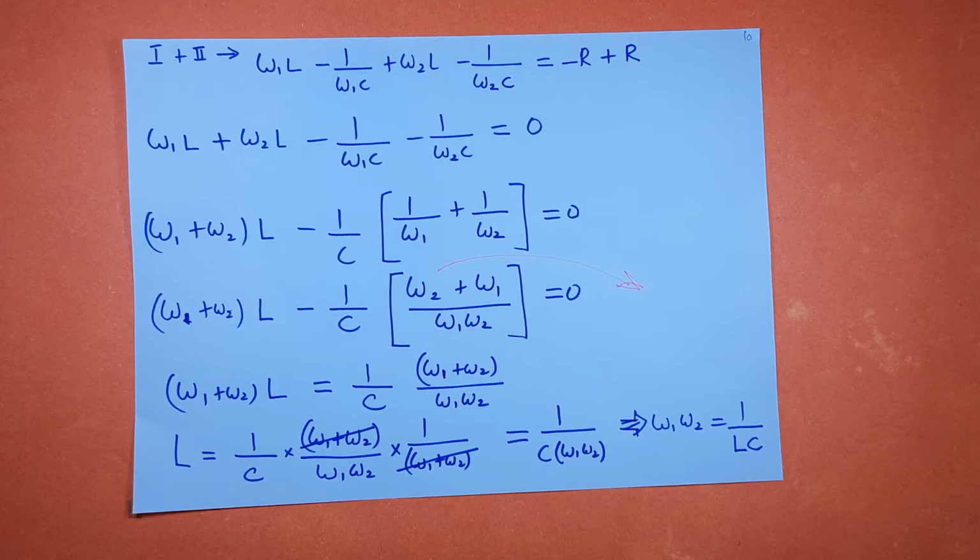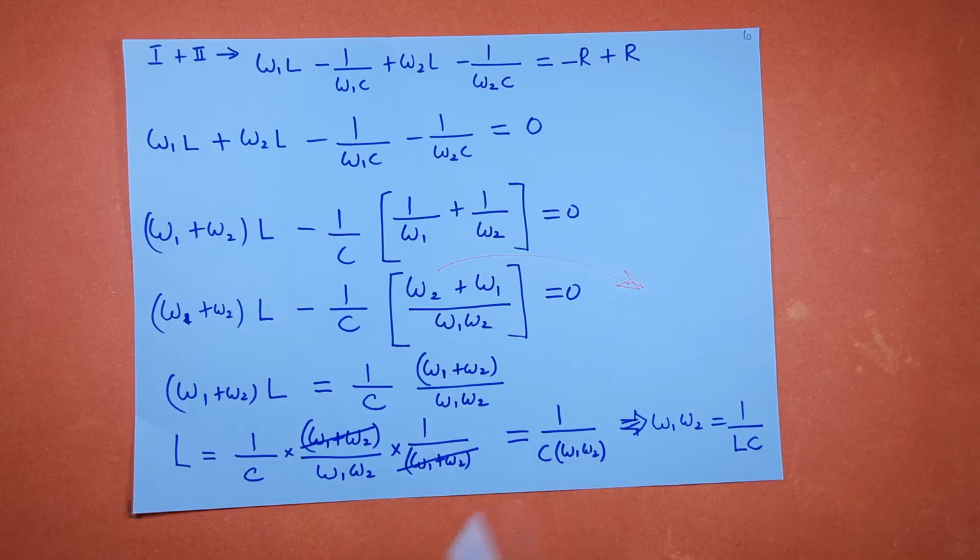So L equal to 1 by C, you take this other side, 1 by C into (omega 1 plus omega 2) divided by omega 1 omega 2 multiplied by 1 by this (omega 1 plus omega 2).